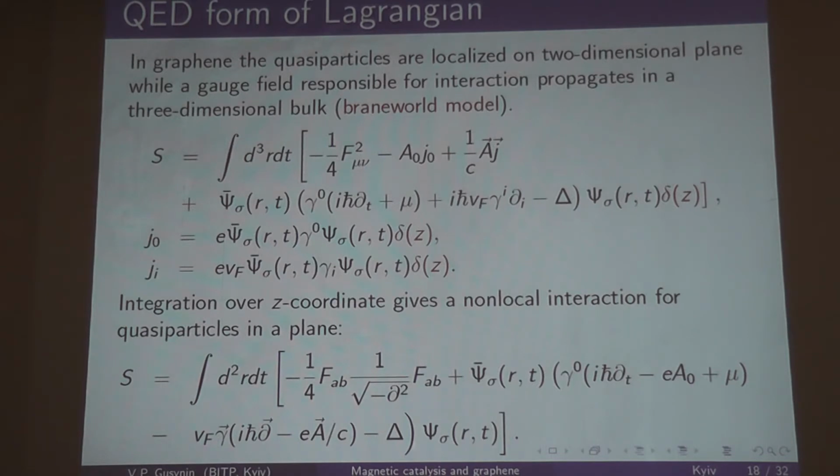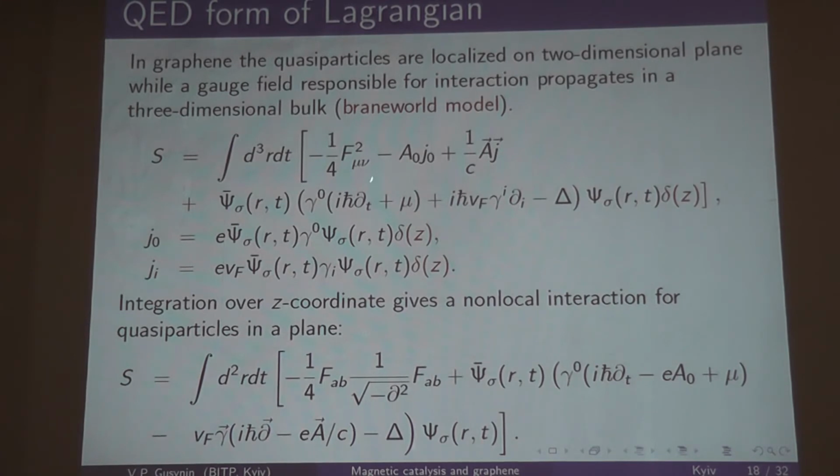If you write the interaction of the electromagnetic field with particles which live on the plane, with delta of z, you can integrate over z, and then we come to a non-local interaction of quasi-particles in the plane.